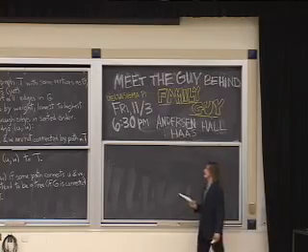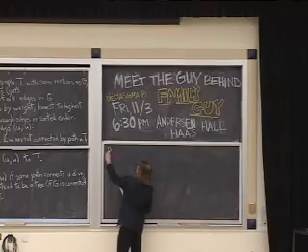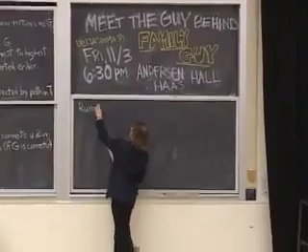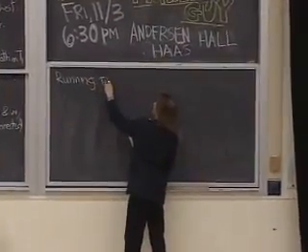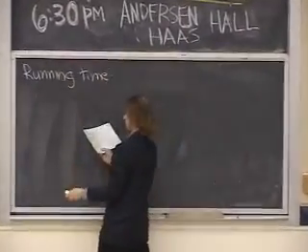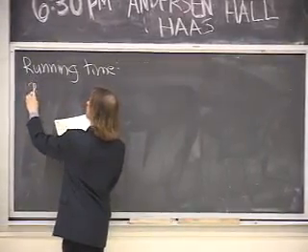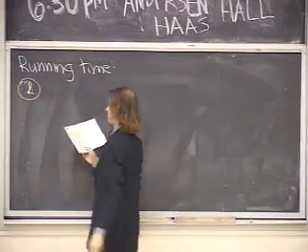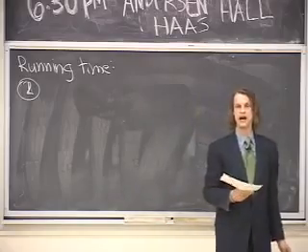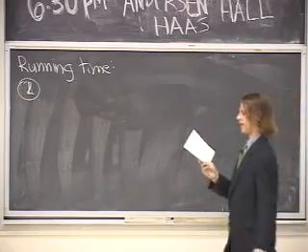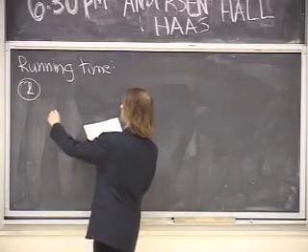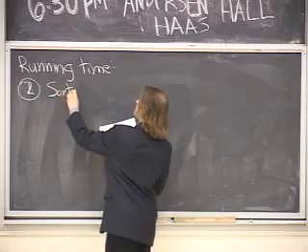So let's look at the running time of this. So step 2, well, step 1 is just going to take order V time. So I'm not even going to look at that because it's going to be overwhelmed by other things. Sorting E edges.